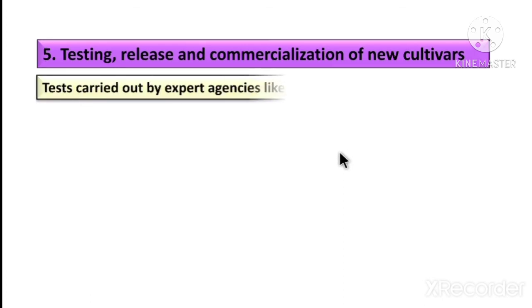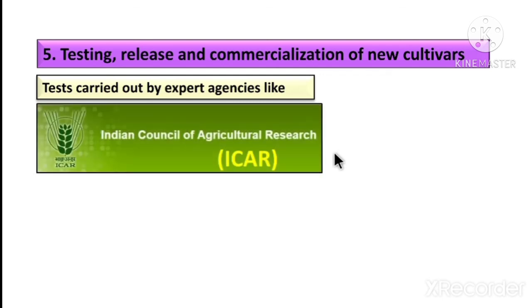If we are getting a good yield in all the agroclimatic zones, then expert agencies will carry out still more tests, and then they will release the seed into the market.